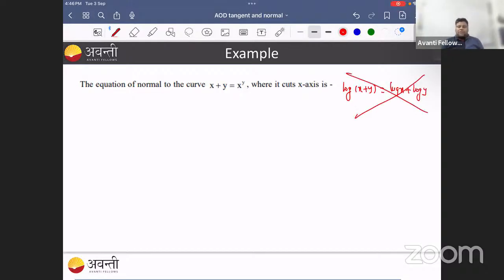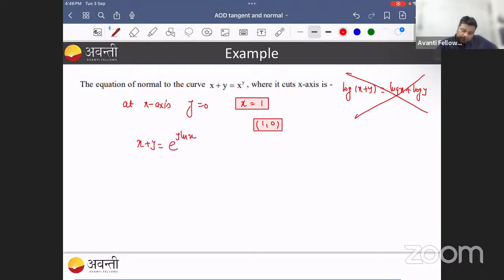See, the equation of normal where it cuts the x-axis. So whenever you cut the x-axis, what will happen? y goes 0. If you place the value of y as 0, you will get x as 1. So the point is (1, 0). Now, if you want to differentiate, we can also write it as x plus y is e to the power y ln x.